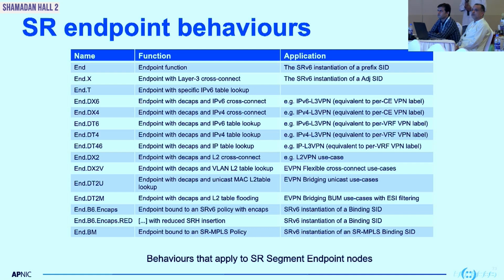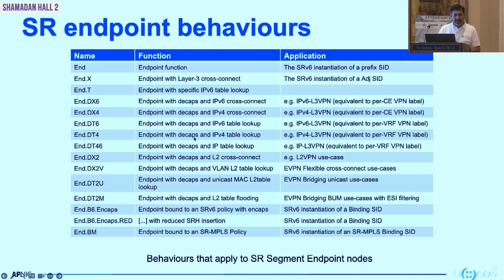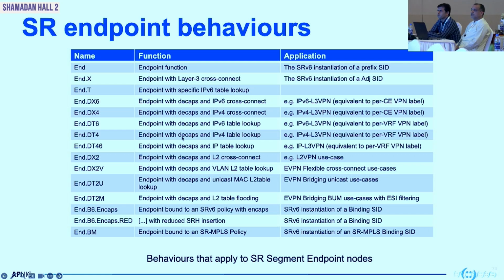But in the case of an IPv4 or IPv6 VPN, we can say End.DT4. That means once you receive the packet at your endpoint, D is decapsulate, T is for the table, and 4 is for IPv4. That means decapsulate the packet, look into the specific IPv4 table, and then forward the packet.